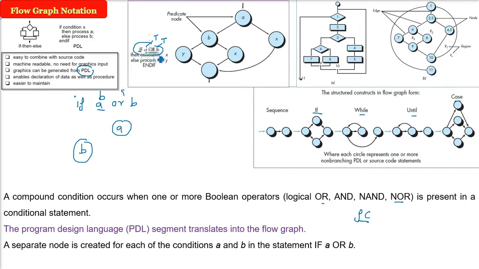So until both are false, you have to make conditions. So for A, if it is true, then procedure X. You don't have to worry about B. But since OR is with B, now coming to B, you'll take the condition B. Now if B is true, again you will get an X. But if both are not true, what do you get? You'll go to Y.